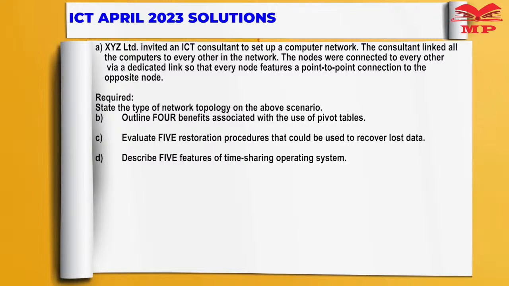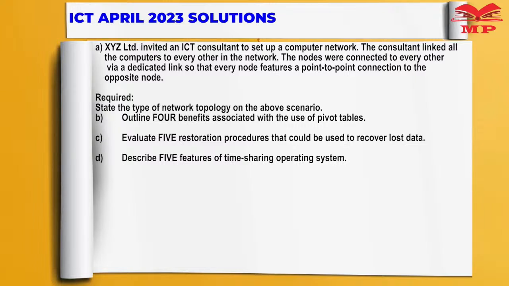The nodes were connected to every other via a dedicated link so that every node features a point-to-point connection to the opposite node. Required, state the type of network topology in the above scenario.